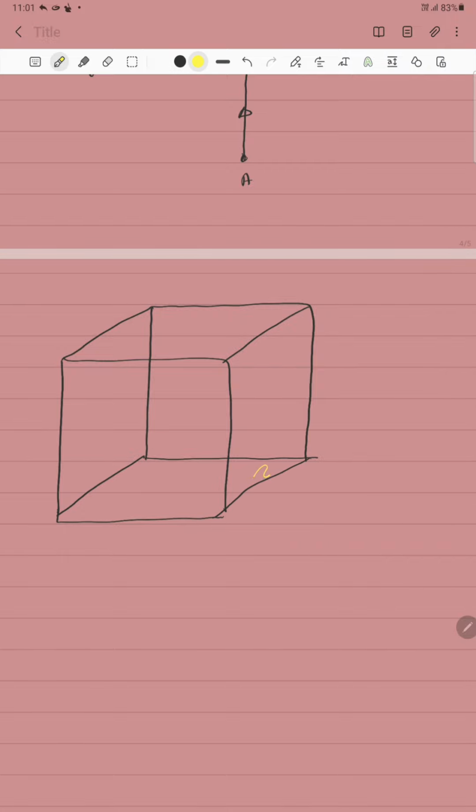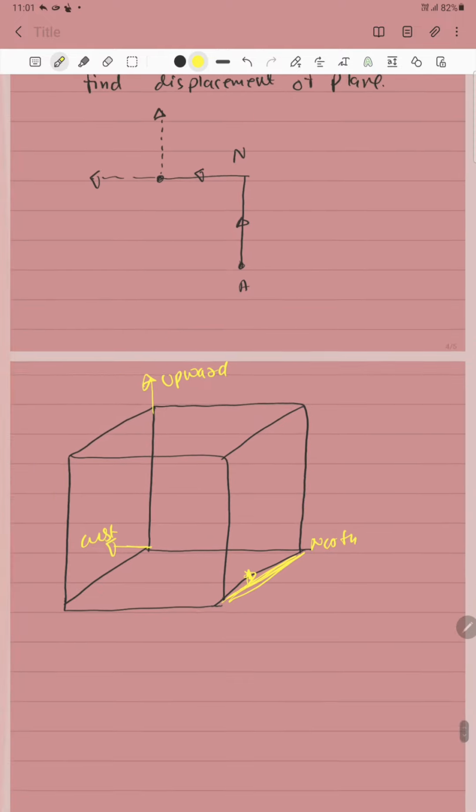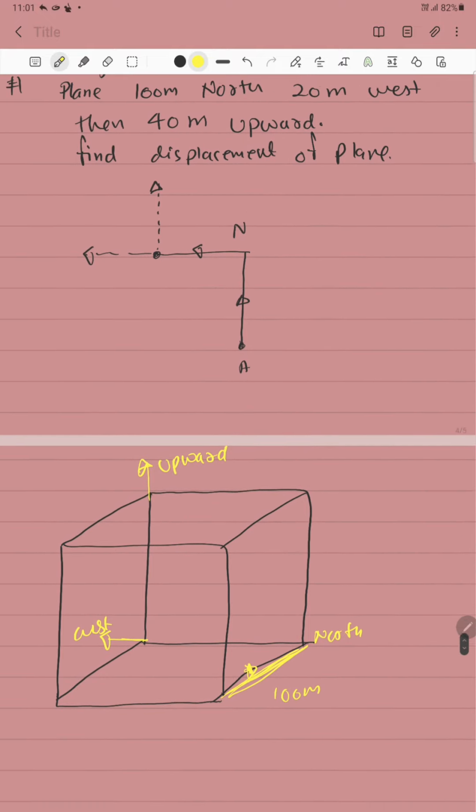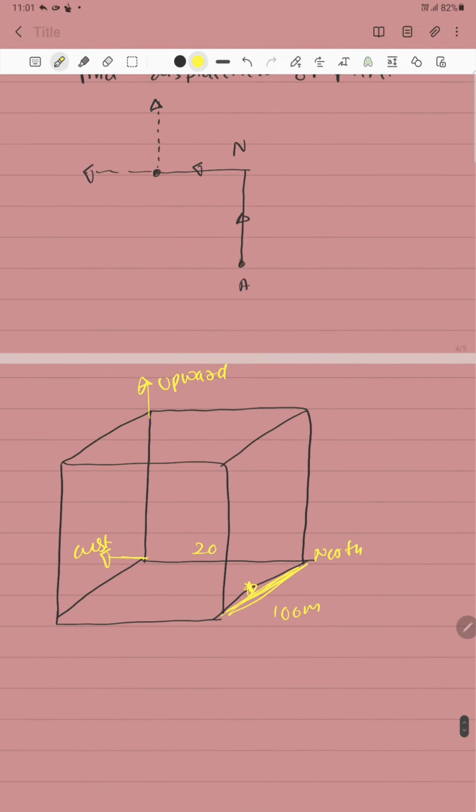Right now, see, I am taking this as north, I am taking this as west, I am taking this as upward, right? So this side, how much he go in north? This side is 100 meter. How much he go in west? 20 meter.